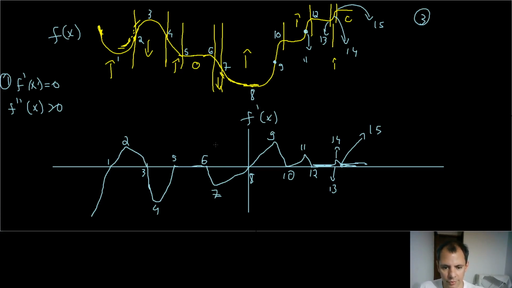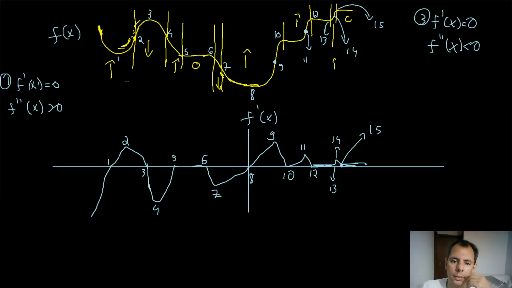Yes, the first derivative is 0. So you got f prime of x equals 0, and you have f double prime of x less than 0. Why? Because it's going down, see? So you got a negative tangent here. Now what does that say? When the first derivative is 0 and the second derivative is less than 0, you got a maximum. So at 3, you got a maximum, and look at that, you have a maximum at 3.